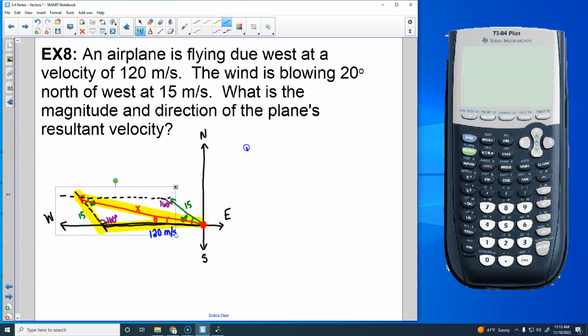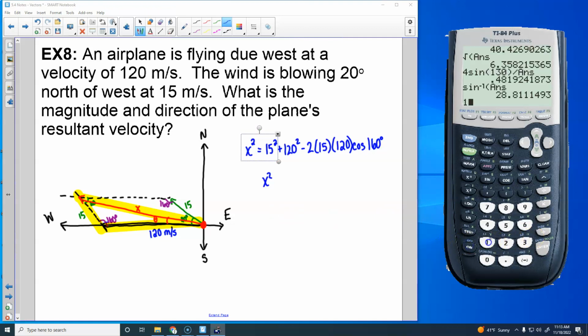So we will have x squared equals 15 squared plus 120 squared minus 2 times 15 times 120 cosine of 160. We will type that into our calculator.